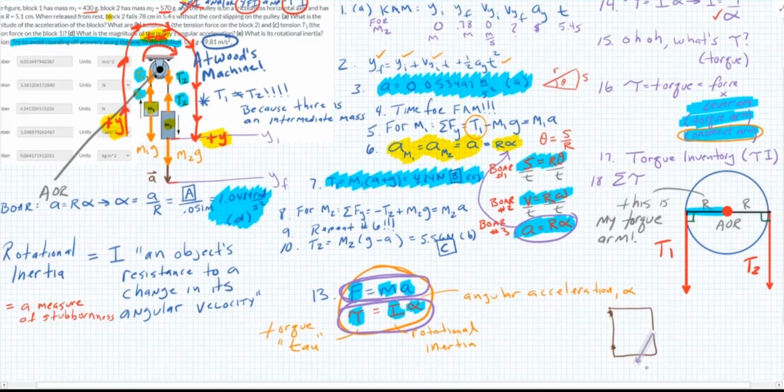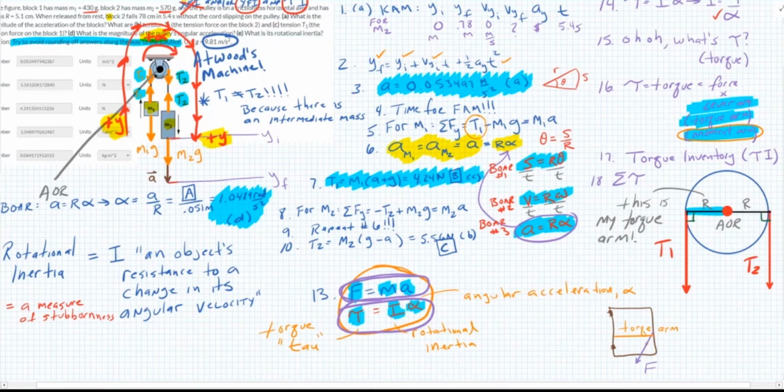This would be the force I'm applying to that door. This would be the torque arm right here, from there to there. This would be the radius of rotation as well. All right, so that's the example of a door.